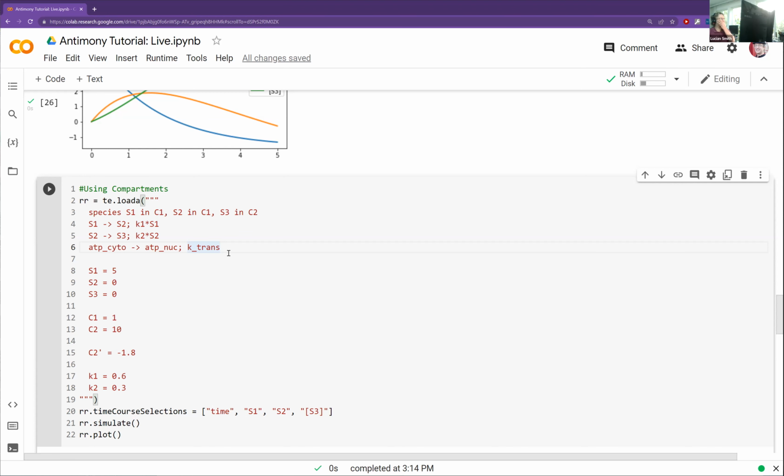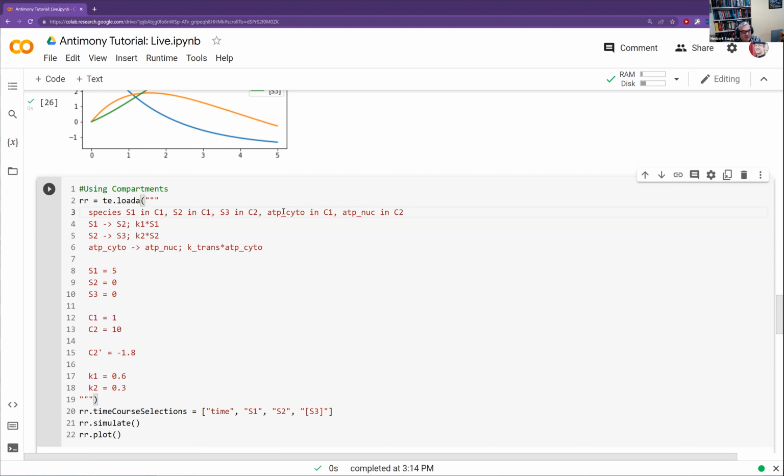So what happens is, the rate is in terms of concentrations, right? Like if it's K trans times ATP cytoplasm, ATP cytoplasm is the concentration in the cytoplasm. But under the hood, it converts that rate, which is concentration per unit time, by taking the volume of the cytoplasm. So if you had C1 and C2, and you want to put ATP in C1, you can use any name you want here.